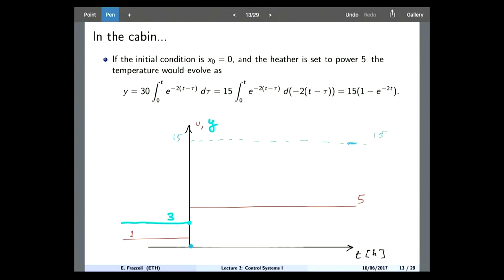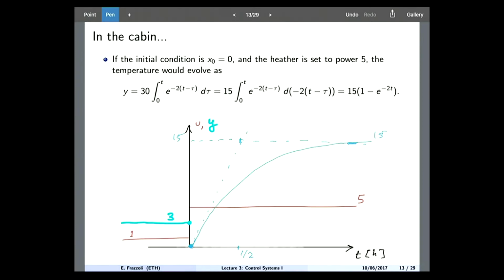How quickly does it go to 15? Notice that the exponential is still minus 2t, so the time constant will still be 1/2, okay? So it'll still be the case that by the time that I get to 1/2, essentially this will be the tangent, okay? And my function will be something like that, okay?